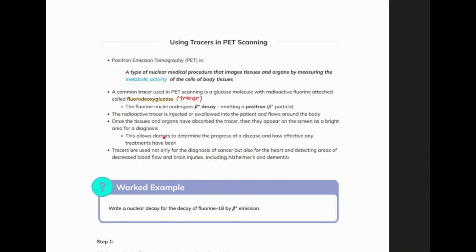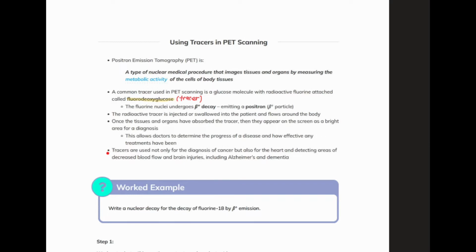This allows doctors to determine the progress of a disease and how effective any treatments have been. They are measuring the metabolic activity of the cells. Through the study of the metabolic activity of the cells, we can find out whether the disease is getting better or getting worse.